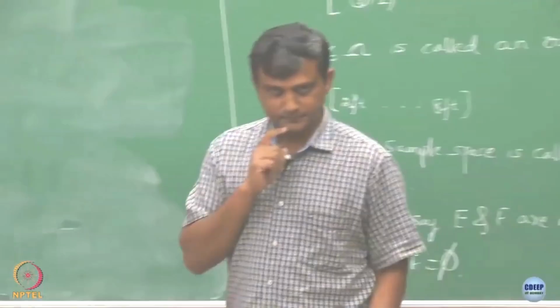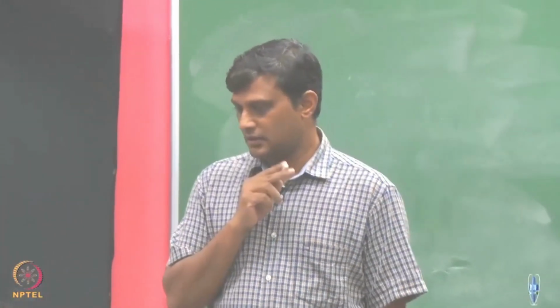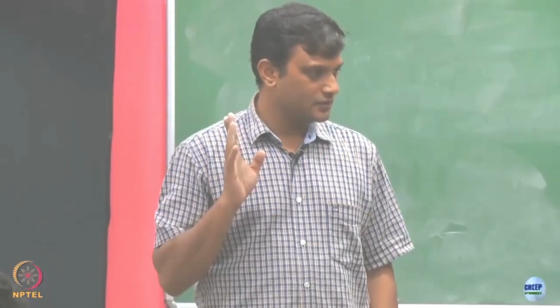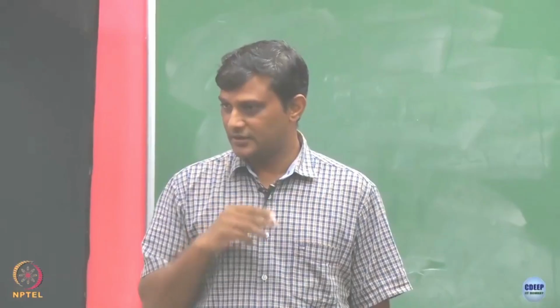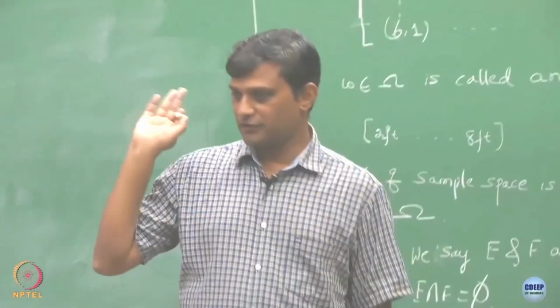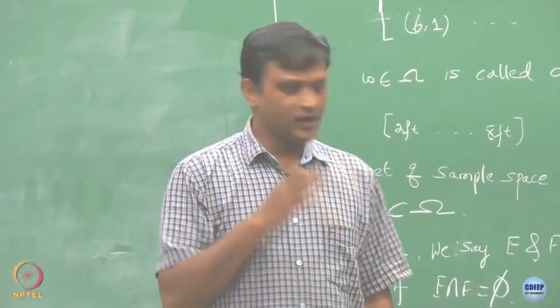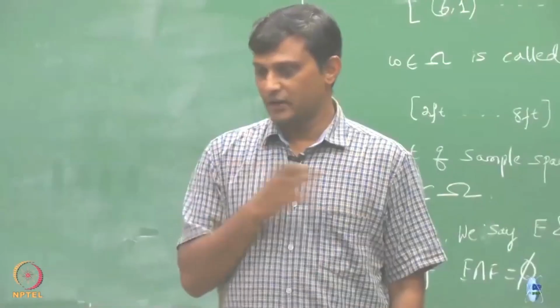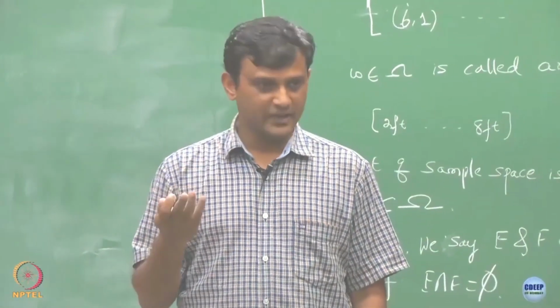Let's say I say a fair coin, and you keep on tossing it, and after a large number of tosses, you count how many heads you got and how many tails you got, and divide it by the number of tosses you made. What do you expect that to be?